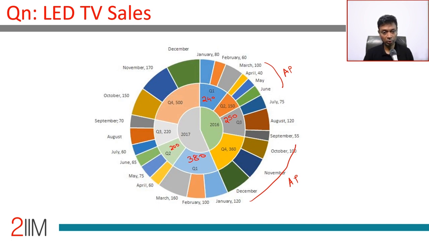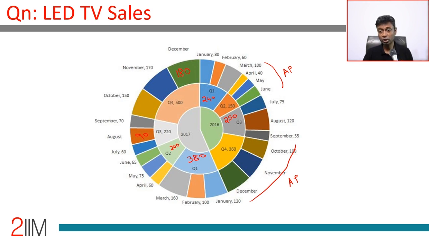Here, these two add up to 130. This is 220. This should be 90. And so the missing numbers, we're just filling them up in a hurry. Really quickly. Most of the numbers we have filled in, just go step by step. Q4 amounts to 500. 150 plus 170 is 320. This number should be 180.